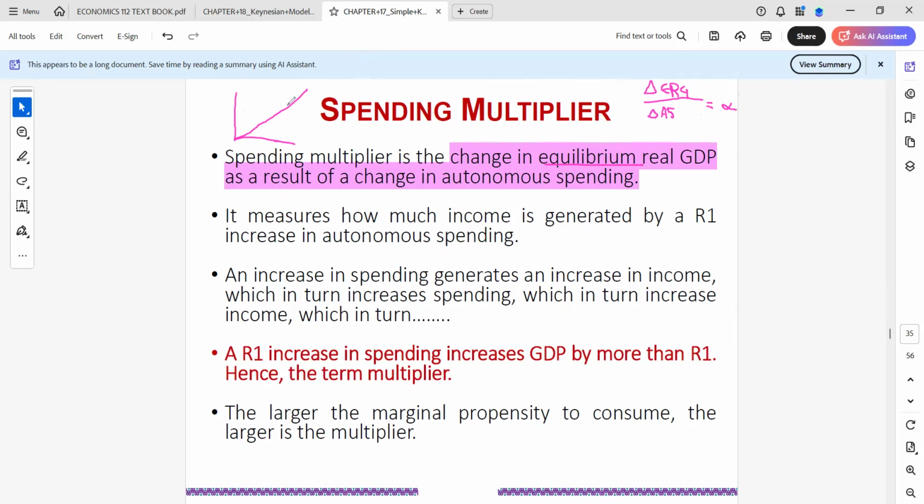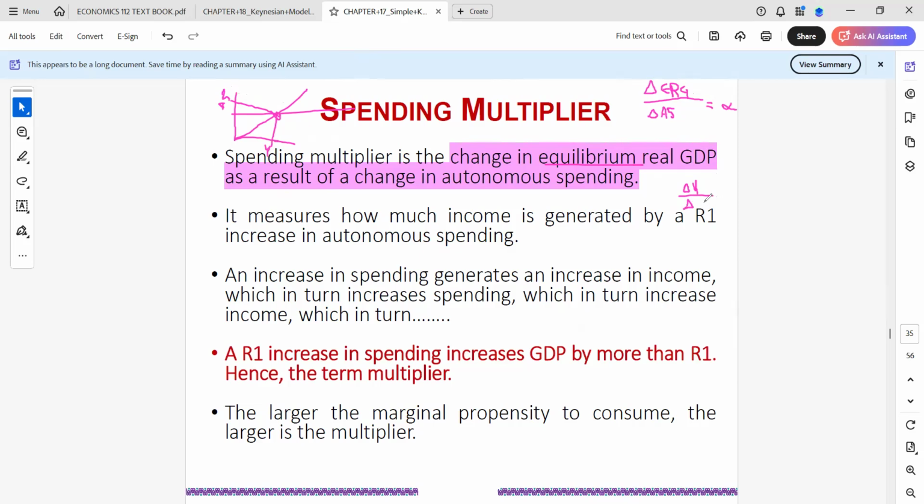So whenever our real GDP is at equilibrium, it basically means we are at this point here where our income, Y for income, is the same as our aggregate expenditure, right? So we can replace this by just saying that it's a change in Y.